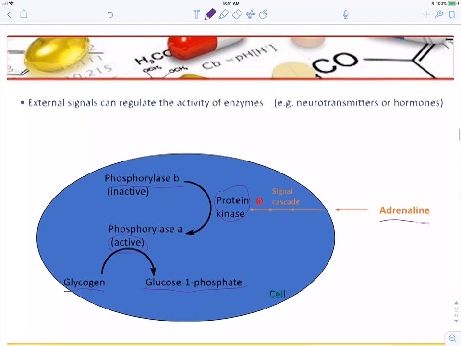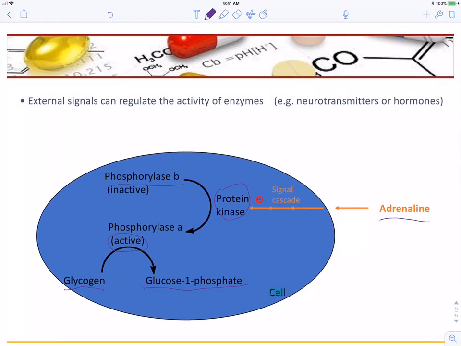Another way to regulate the activity of the enzyme is through external stimuli. We already discussed the action of phosphorylase A, which releases glycogen from the liver reserves and converts it to glucose 1-phosphate. The activity of phosphorylase A is controlled by phosphorylation.